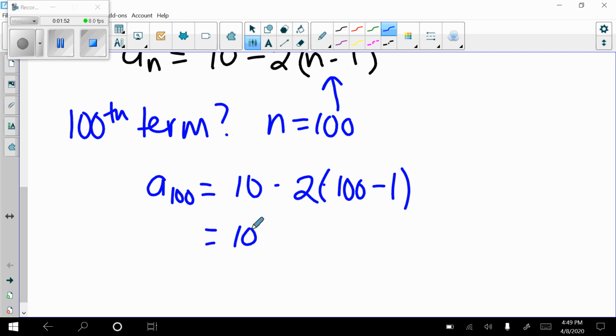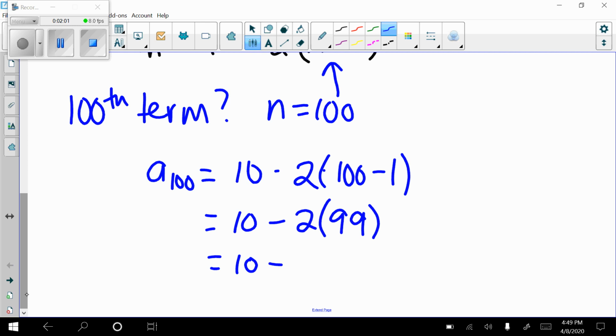This would be 10 minus 2 times 99. So that number is -188.